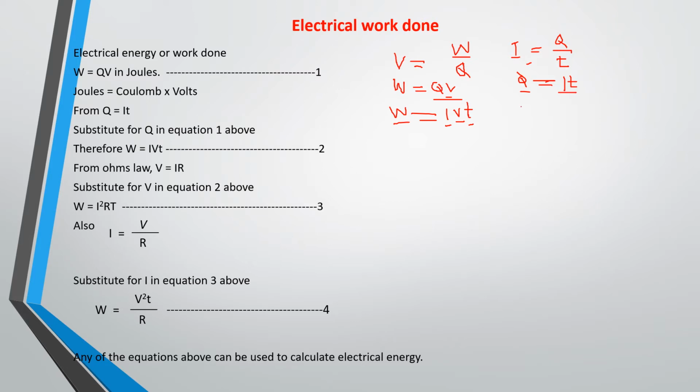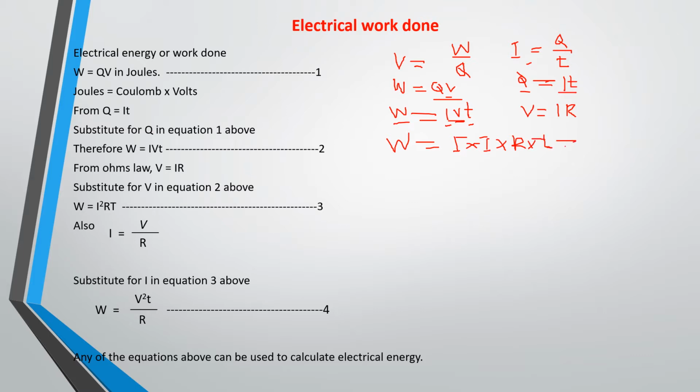Now, from Ohm's law, we had that V, potential difference, equals current times resistance. So we can put that into the same equation, so that work done is equal to current times current times resistance times time.